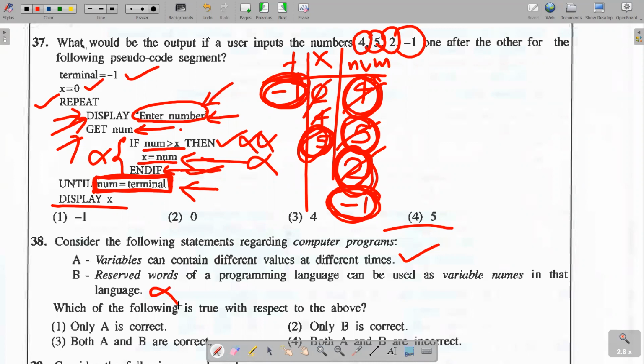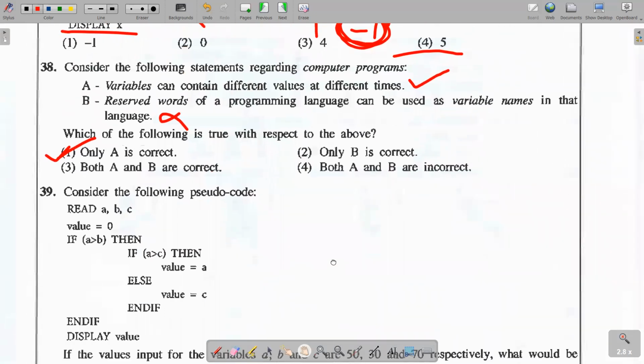No, you can't. Right, so A is correct, B is incorrect. Yeah, the first one is going to be the answer. Right, moving to the 39th.